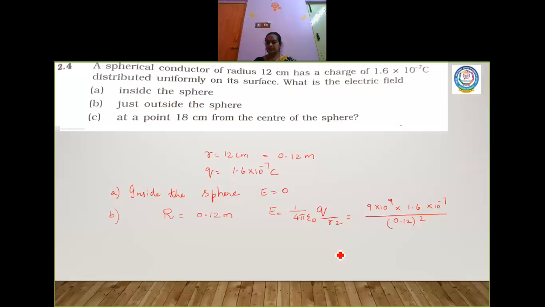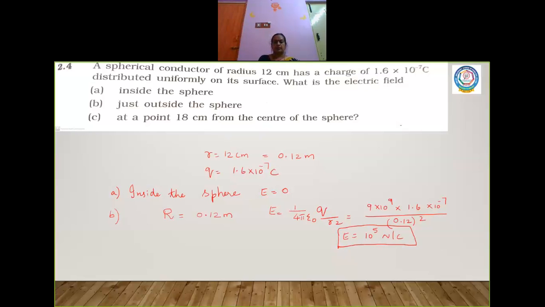So when I simplify, I will have the value to be 10 power 5, and the unit of electric field is Newton per coulomb. This is the answer for the second case.